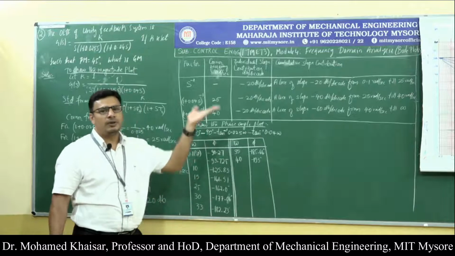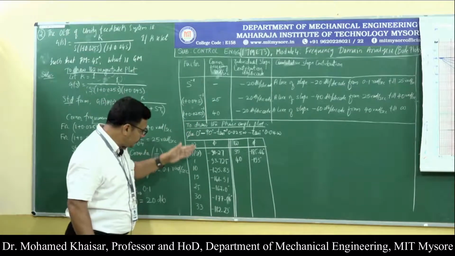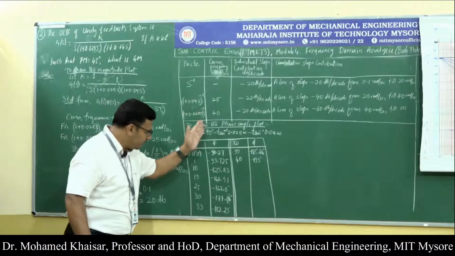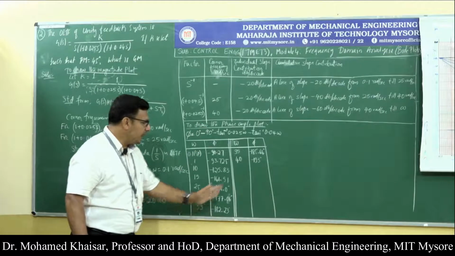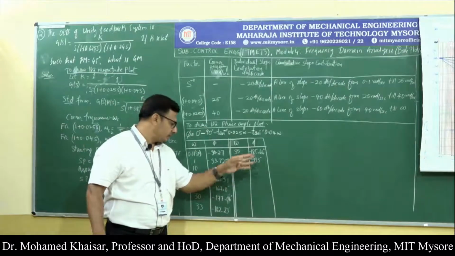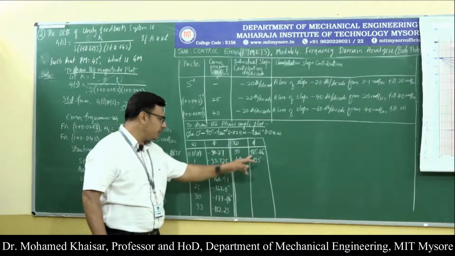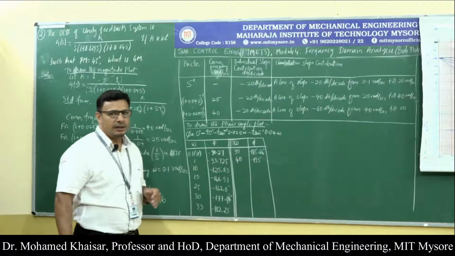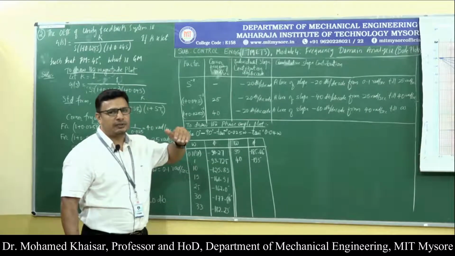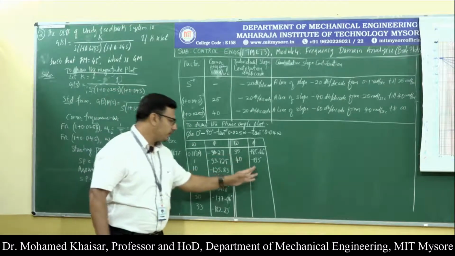Obviously, it is above the minus 180 degree line, that is what we wanted. And then we went on to assume several values of omega, and we found the respective phase angles also, and we stopped at a point where the phase angle was going below the minus 180 degree line, such as minus 182, minus 185, minus 193. That means the phase angle is going to go down, intersect the minus 180 degree line, and go down further. So, there we stopped.